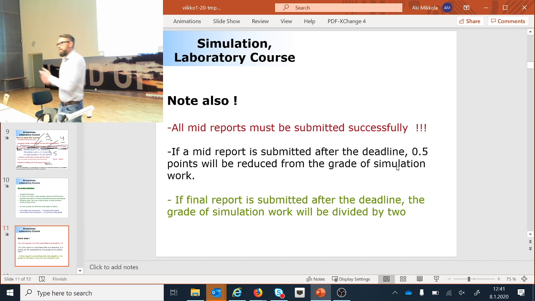And we are setting some kind of mid-report deadlines, and those will be available in the Moodle database. Then you have to send us a report explaining some of the details related to your simulation work. This will be a report that will serve as a final report as well.